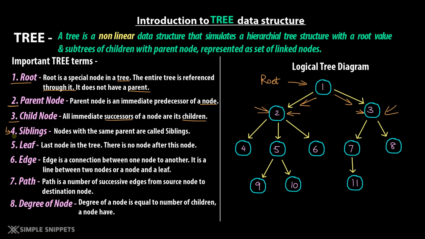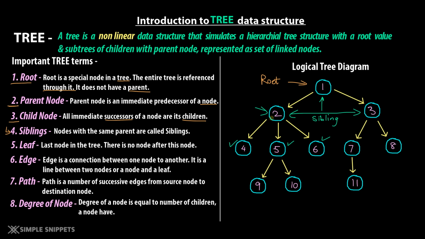Now moving on, we have the concept and the term of siblings. Nodes with the same parent are called siblings. So over here, if you see, node 2 and 3 have the same parent, node 1. So they can be considered siblings. If you see below, let's go one level down. Node 2 is the parent of node 4, node 5 and node 6 because it is the immediate predecessor of the nodes.